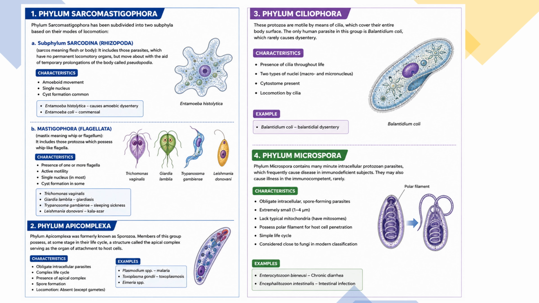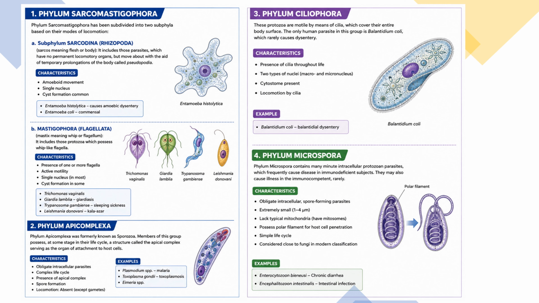These are the most advanced group of the protozoa, having two types of nuclei, that is macronuclei and micronuclei, which we have already discussed in the cellular structure of protozoa, where the macronuclei are for the vegetative function and the micronuclei are for the reproductive function. Examples include Balantidium coli, Paramecium, etc.